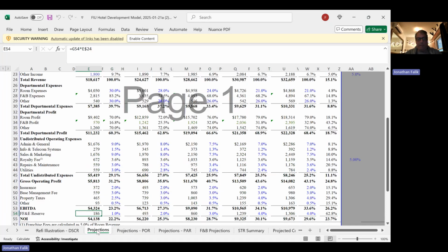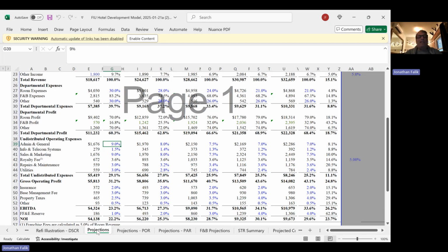Let's look back at the first page of projections. That's because I'm assuming that as a percent of revenue, it starts at 9%, goes to 8, then 7.5, then 7. Is that realistic? Right? That's the question. There is no right or wrong answer to that question.